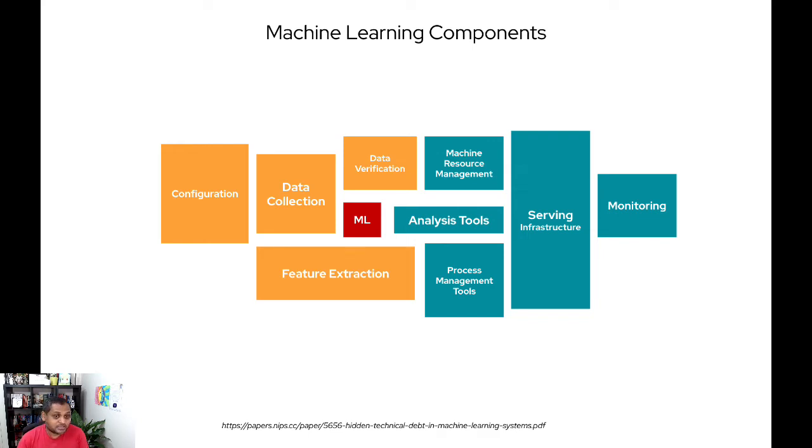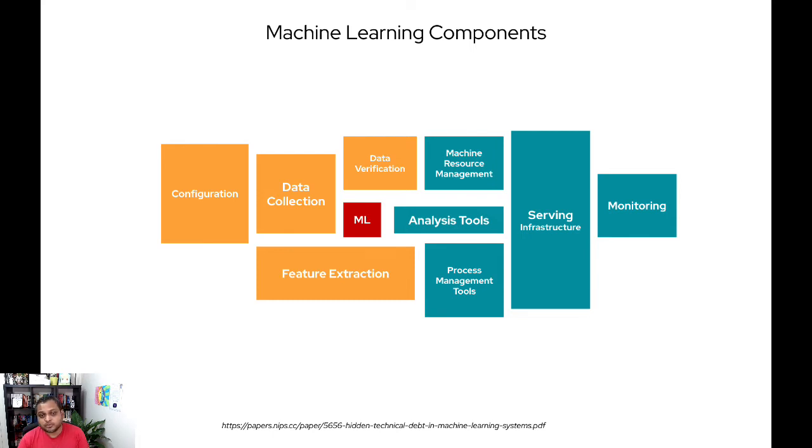Then, when the model is ready, you need some tooling to promote it to production so it's consumable by different consumers. The most popular choice is HTTP, REST API. And once the model is going into production, it doesn't stop there because the real world changes all the time.